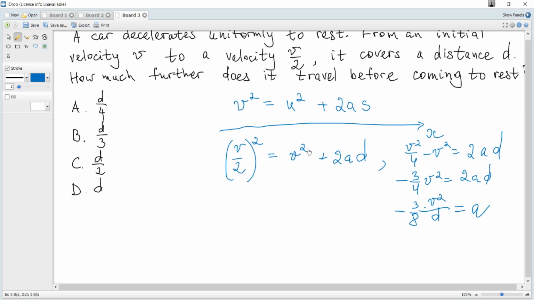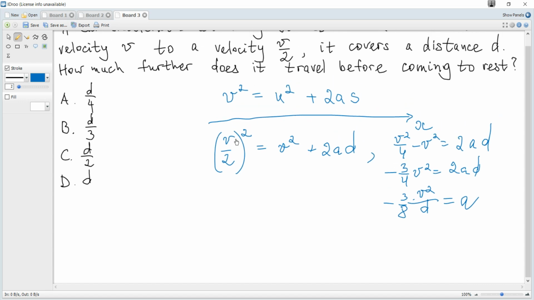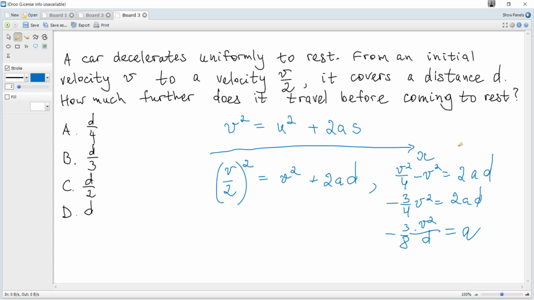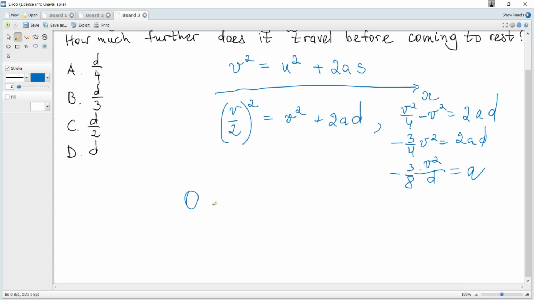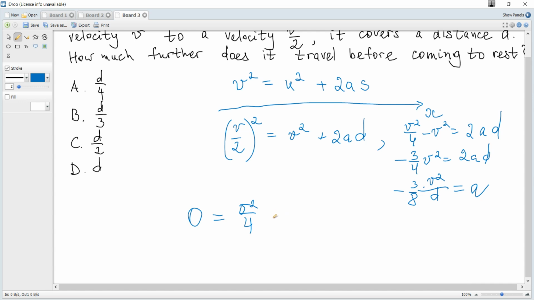And the same formula for the second stage. The final velocity is 0 because it stops. So 0 squared is equal to u squared, where u is v over 2, so v squared over 4, plus 2 times a.